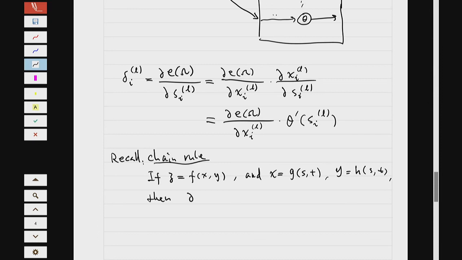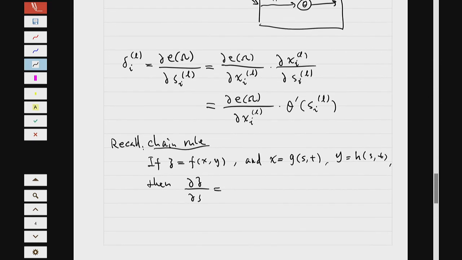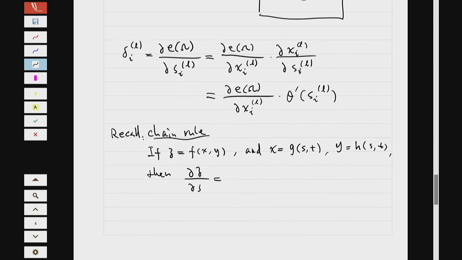The chain rule is partial z, partial s equals to what? Anyone remembers this kind of thing? It turns out that it is partial z, partial x times partial x, partial s, plus partial z, partial y times partial y, partial s, like that.